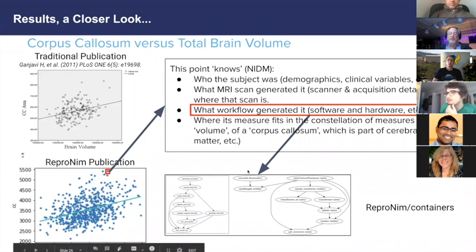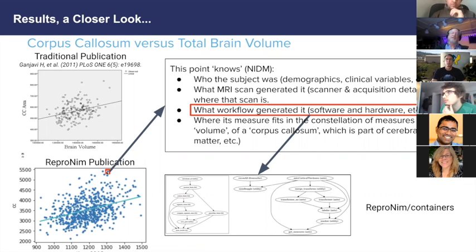The workflow that was used most often will be publicly accessible and not behind some firewall. So whether you can re-execute it or not doesn't depend on your access to the container, since that should be accessible, but on your personal access to the data, which maybe you get access to or maybe you don't.